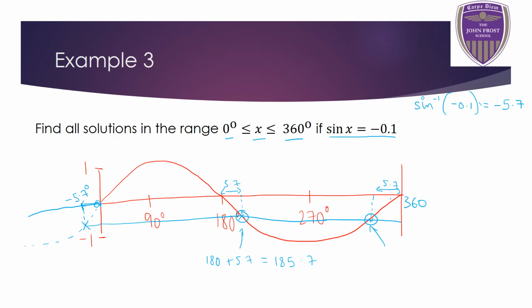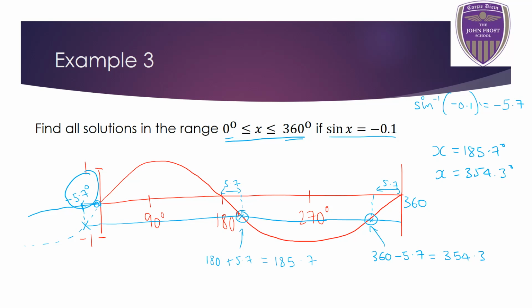So this is before the 360. So it's 360 minus 5.7, which is 354.3. So those are the two solutions this time. So x equals 185.7 degrees, x equals 354.3 degrees. We don't include this one in our answer because it's not in the range that we need it.